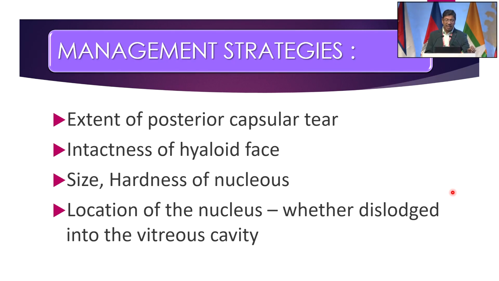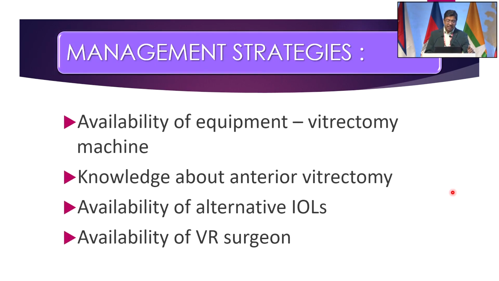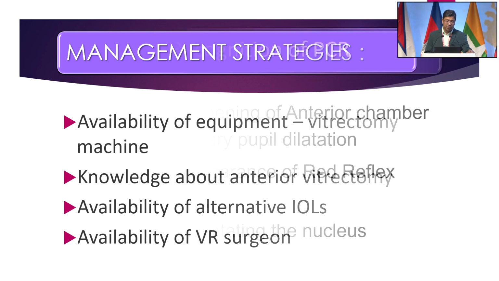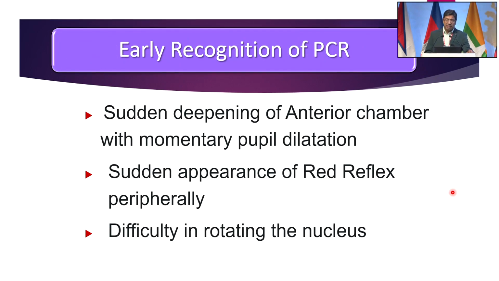First, to decide about our strategical management of the PC rent, we must know the extent of the tear, intactness of hyaloid face, the size and hardness of the nucleus, location of the nucleus, whether it is in the antechamber or it is already dislocated into the vitreous cavity, the availability of equipments which are necessary to rescue, our knowledge about vitrectomy, alternative IOLs which are necessary in case you have to change your plan, and availability of a VR surgeon with you.